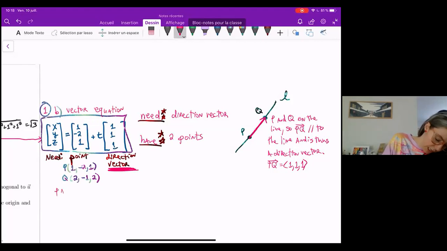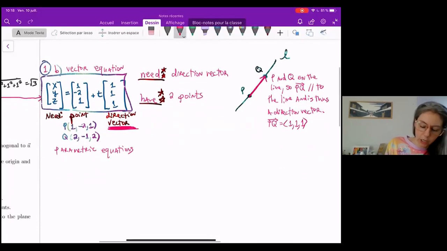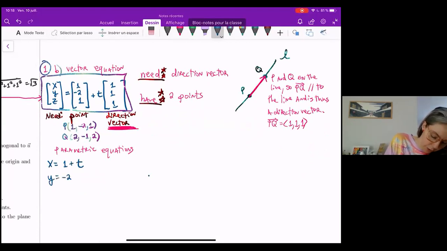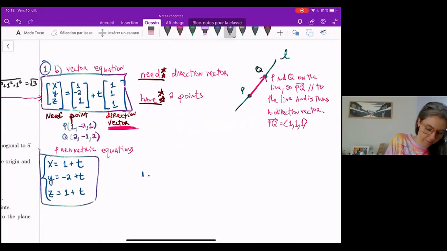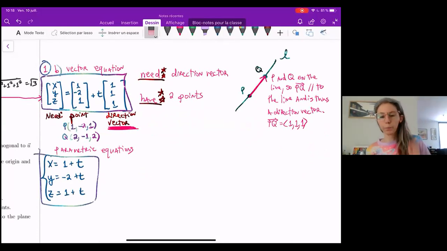For my parametric equation, I just take the vectors away from my vector equation. So x is equal to 1 plus t, y is equal to -2 plus t, and z is equal to 1 plus t. So we can easily go back and forth between the two.